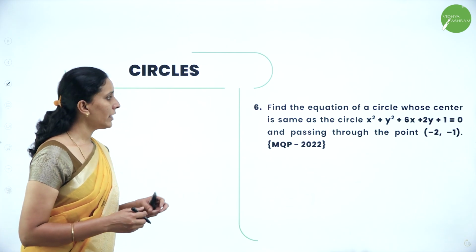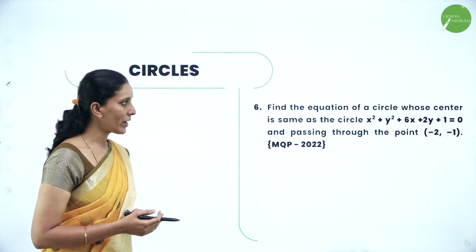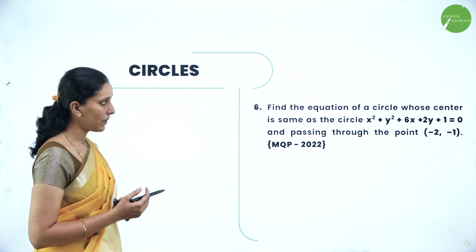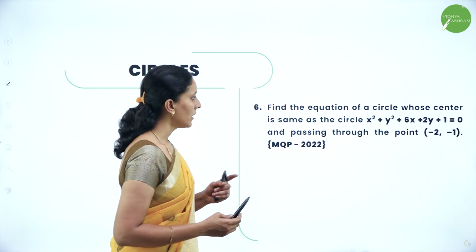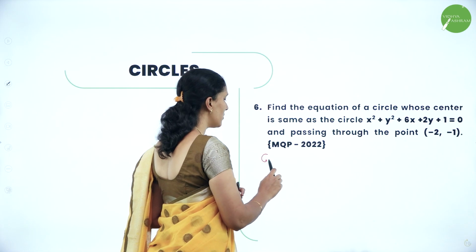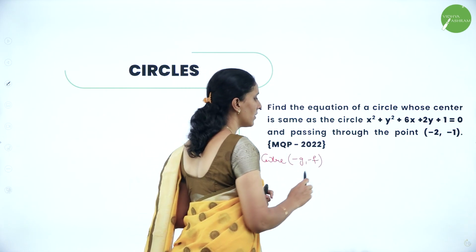Next, find the equation of a circle whose center is same as the circle x square plus y square plus 6x plus 2y plus 1 is equal to 0 and passing through the point (-2, -1). So let us see the center of the circle: (-g, -f).